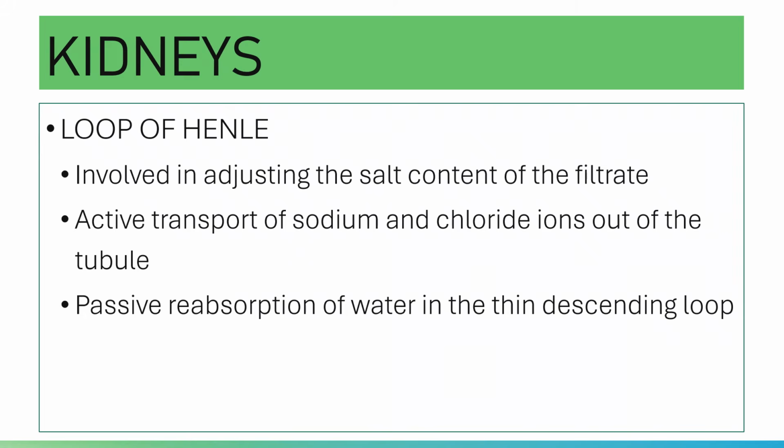So water will be withdrawn passively from the thin descending part of the loop. If water is removed from the fluid inside the loop of Henle, it will concentrate, thereby the fluid left is concentrated.